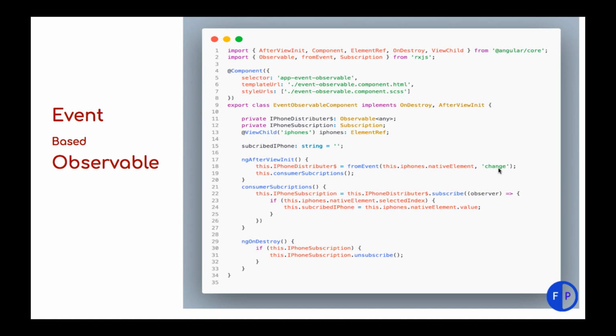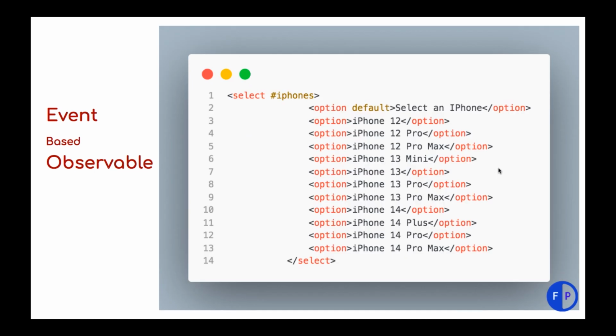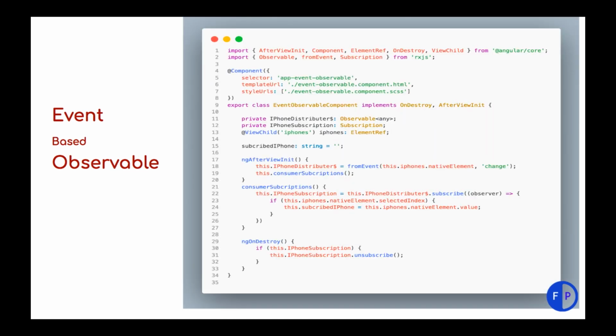You can observe that I have not written anything in the HTML; everything is in the TypeScript file. I'm storing this observable like this, and then I'm calling another function, which is consumer subscription. In consumer subscription, I'm storing the subscription reference in iPhone subscription, and then I'm calling the subscribe method.